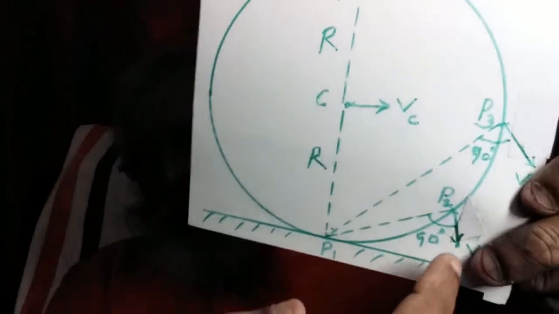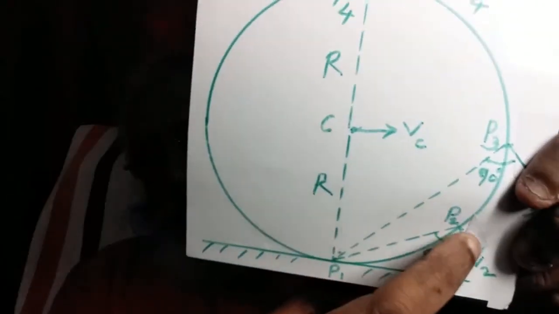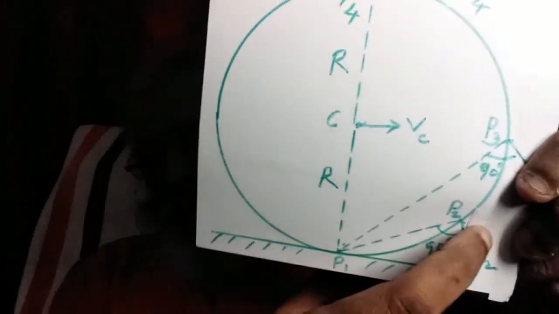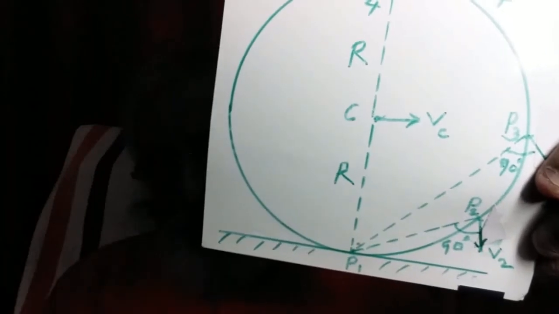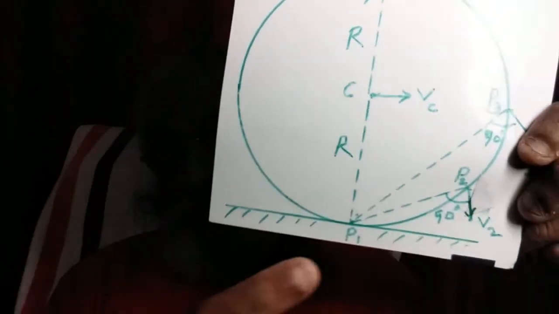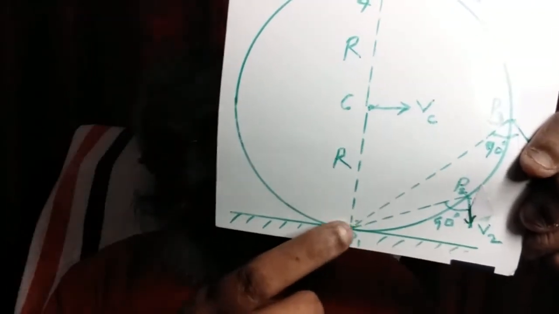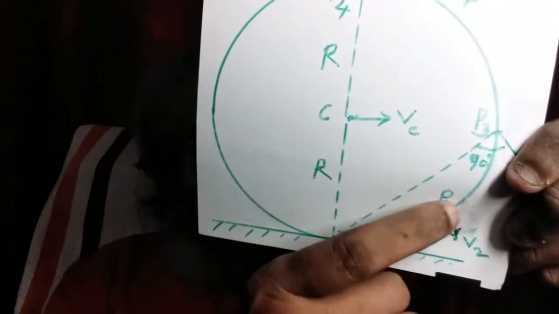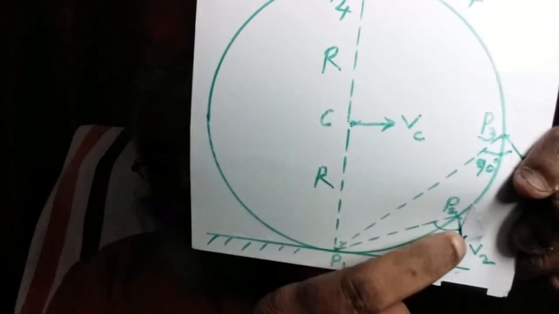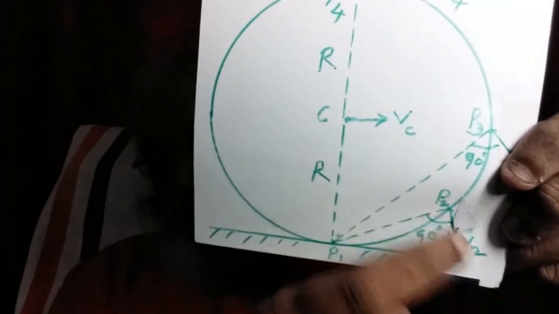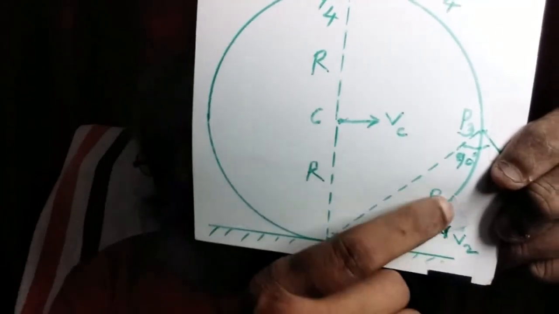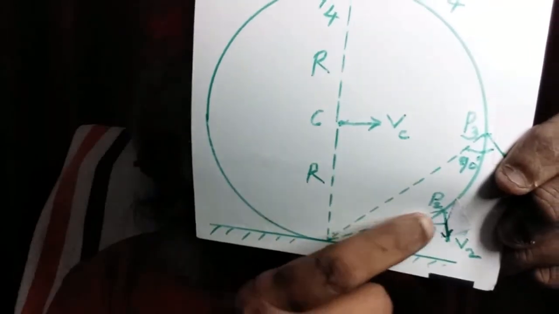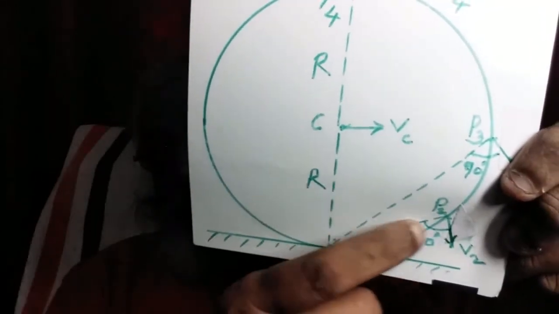So this is another point P2. P2 is now in circular motion at this particular instant with P1 as center and P1P2 as the radius. So the velocity of P2 at this instant, V2, is perpendicular to this radius P1P2.